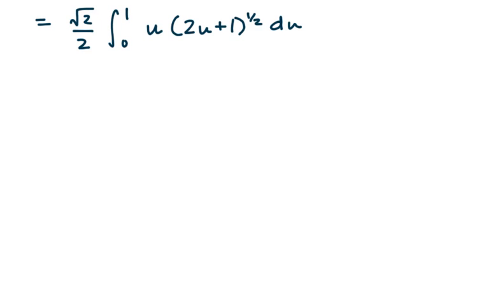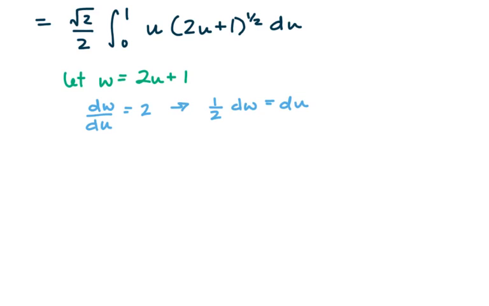So now we'll do another u substitution. And since we already have u, I'm going to do a w substitution. I'm going to say let w equal 2u plus 1. And then dw du is 2, or rather 1/2 dw equals du.